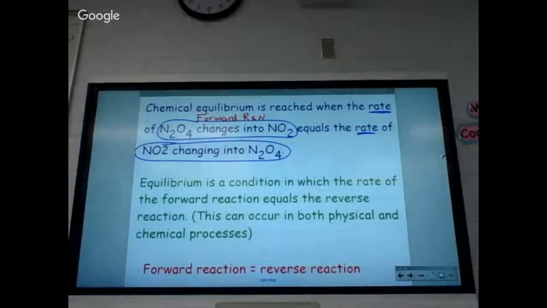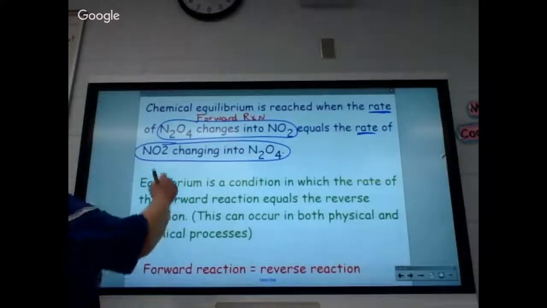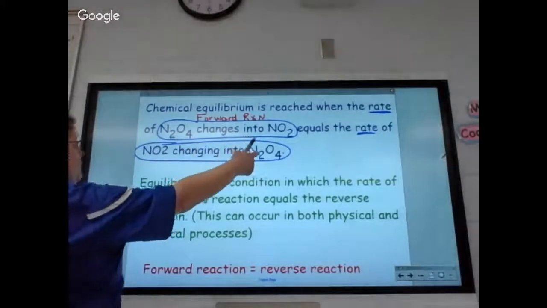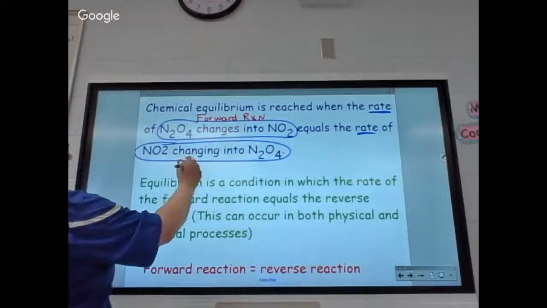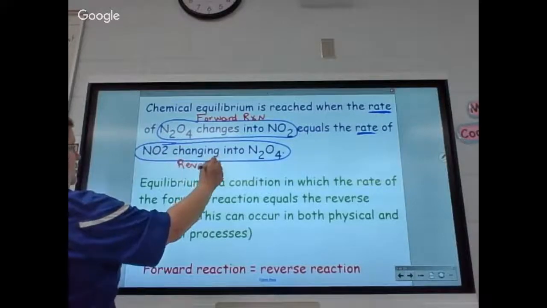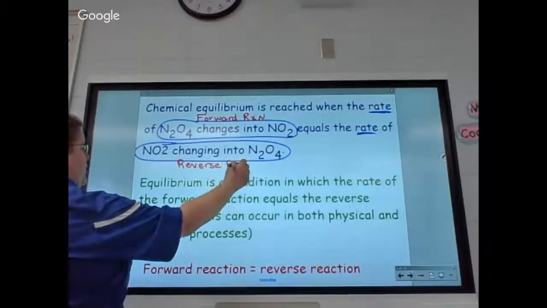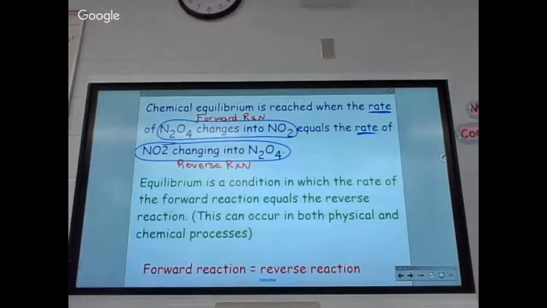N2O4 changes into NO2 is the forward reaction. And then, the part I left out with the colors, all right, NO2 changes back into this is the reverse reaction. And I'm going to go back to the previous slide and point that out.